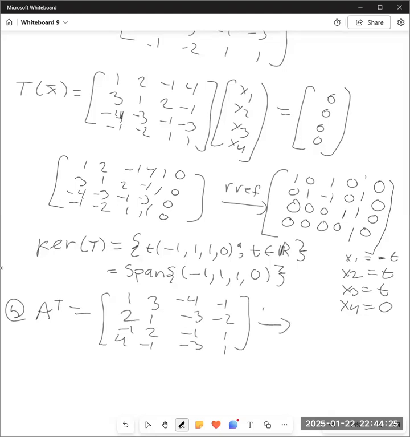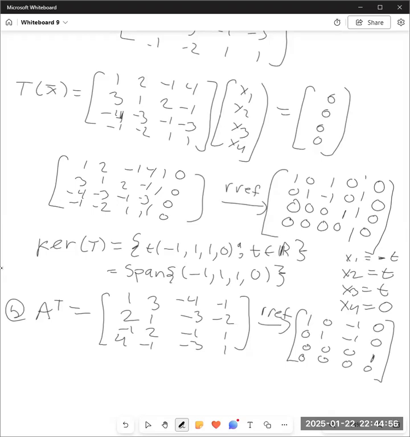I want to RREF that, and I'm going to get [1, 0, -1, 0; 0, 1, -1, 0; 0, 0, 0, 1; 0, 0, 0, 0]. It's very similar, but a little bit different.